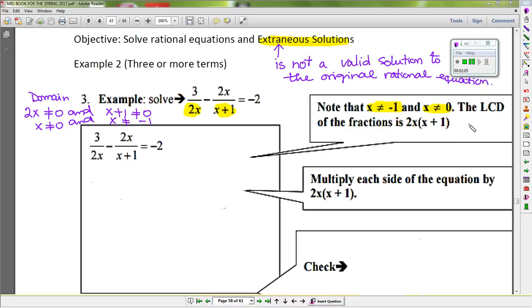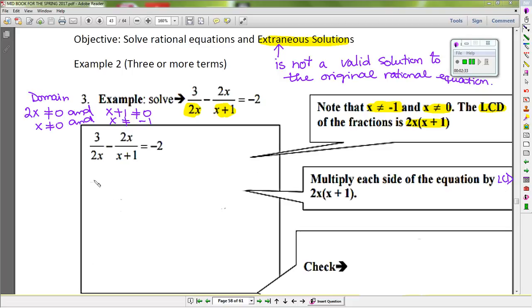Next step, we are going to find the least common denominator. The two denominators have nothing in common, so we just multiply them. It will be 2x times x plus 1. Now you multiply each side of the equation by your least common denominator.